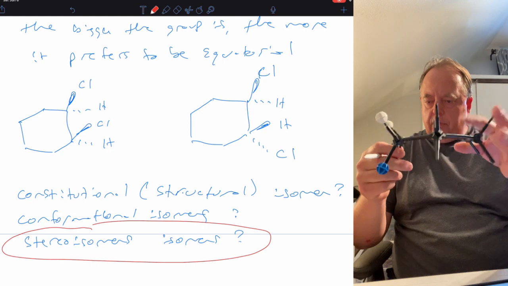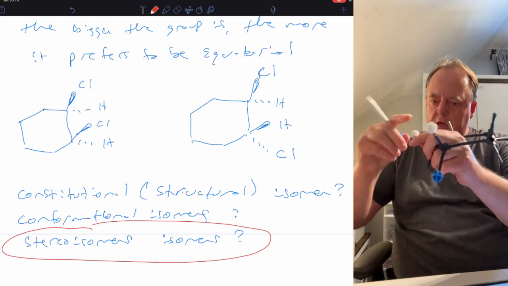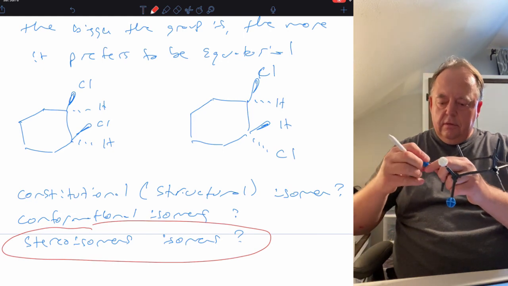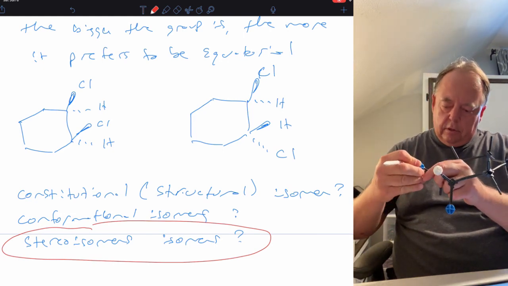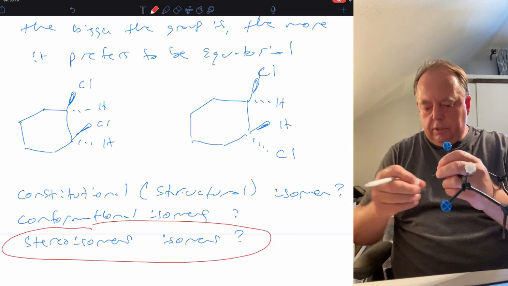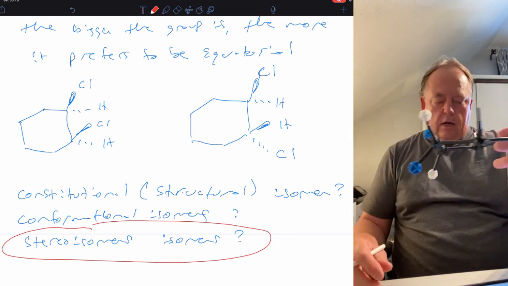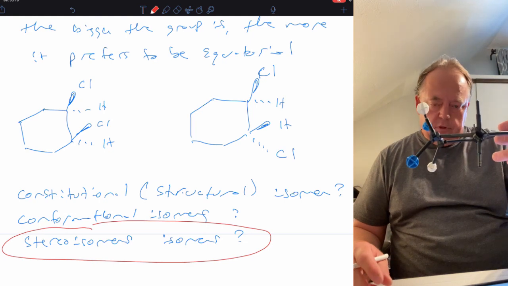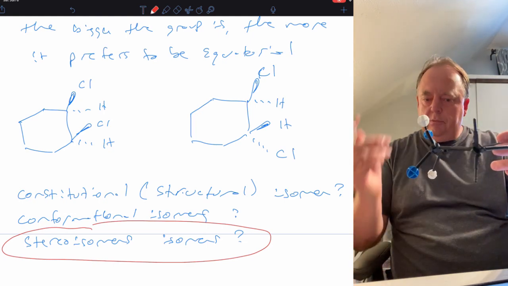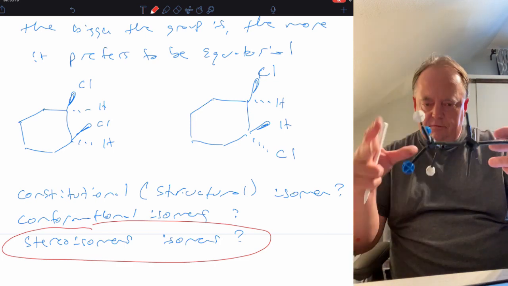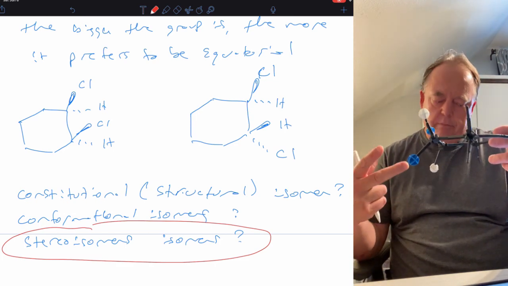And if you wanted to make the other one, we can't get to the other one by rotating around bonds. You have to break bonds and remake bonds. So they're not conformational isomers. And they're not constitutional isomers, because the atom attachment is the same. It's carbon with a chlorine, carbon with a chlorine. Doesn't matter if they're cis or trans. They differ spatially, so they would be stereoisomers.